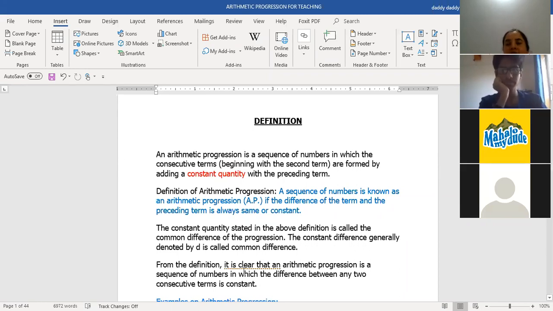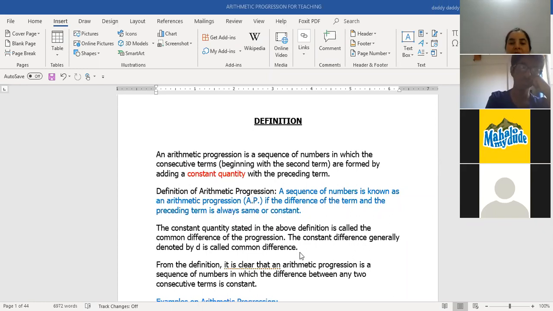So throughout the chain of the numbers, the difference between the succeeding and the preceding numbers is the same. So the definition goes like this. It's a sequence of numbers known as AP or arithmetic progression if the difference of the term and the preceding term is always the same or constant throughout the chain.